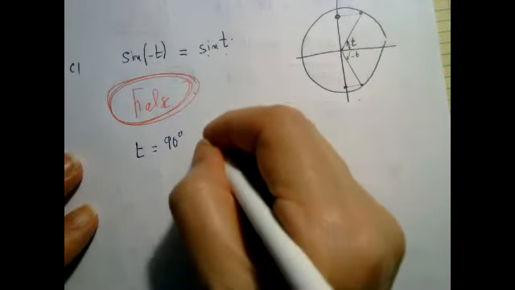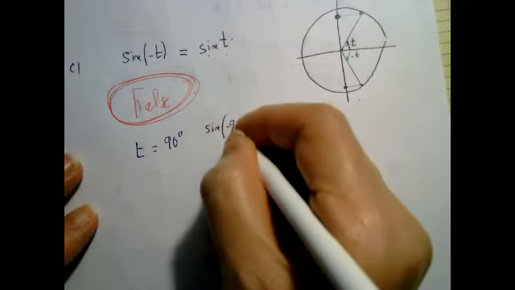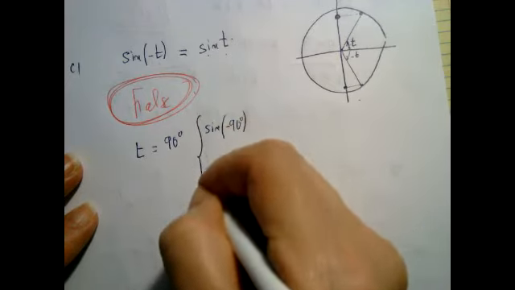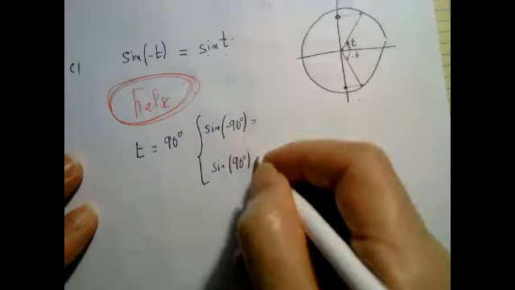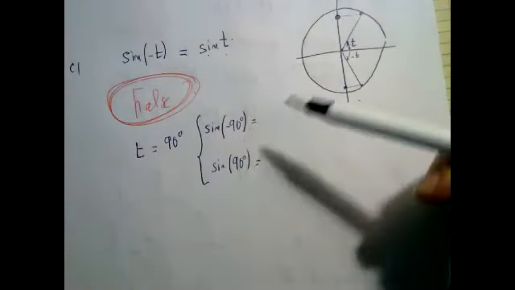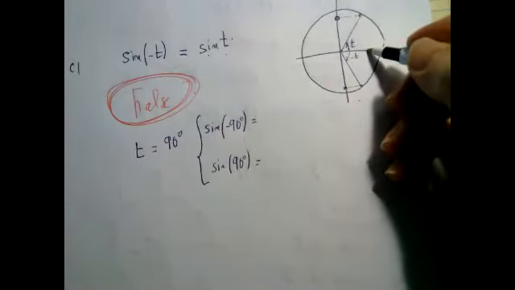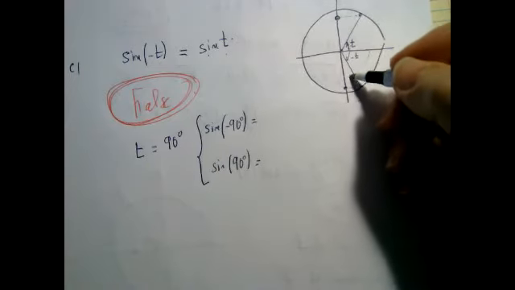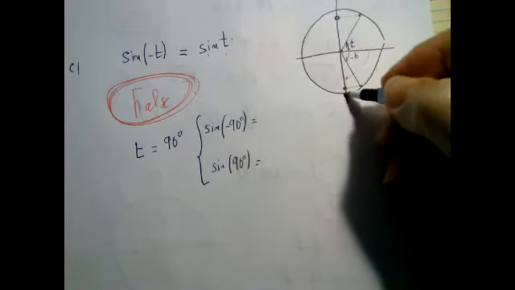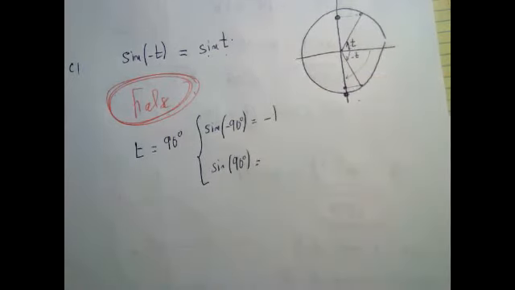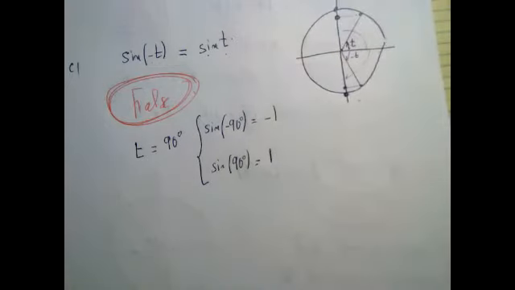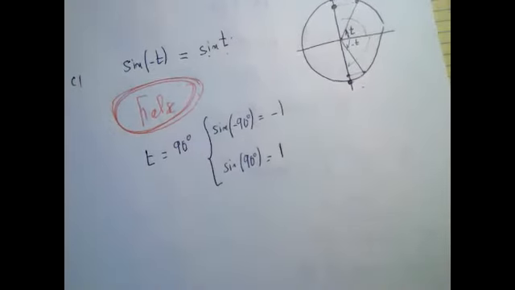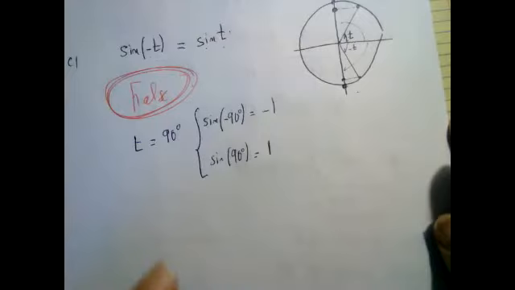Then what is the sine of minus 90? And what's the sine of 90? If you start here, you go down, that's minus 90. So the sine is minus 1. The sine of 90 is 1. So it's absolutely a false statement. The sine of minus t is not the sine of t.